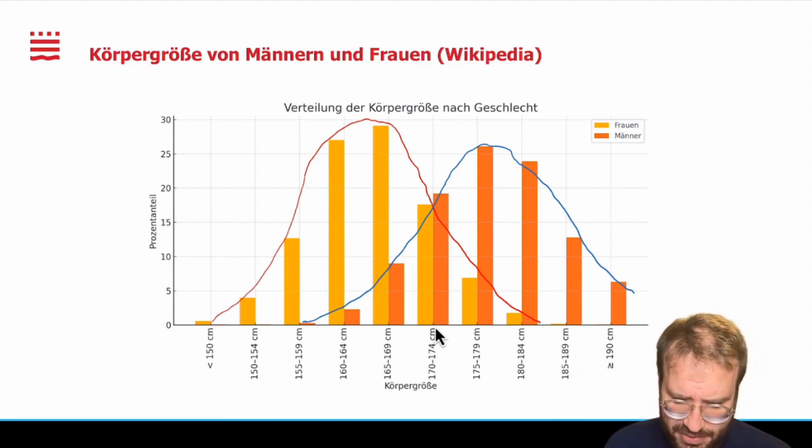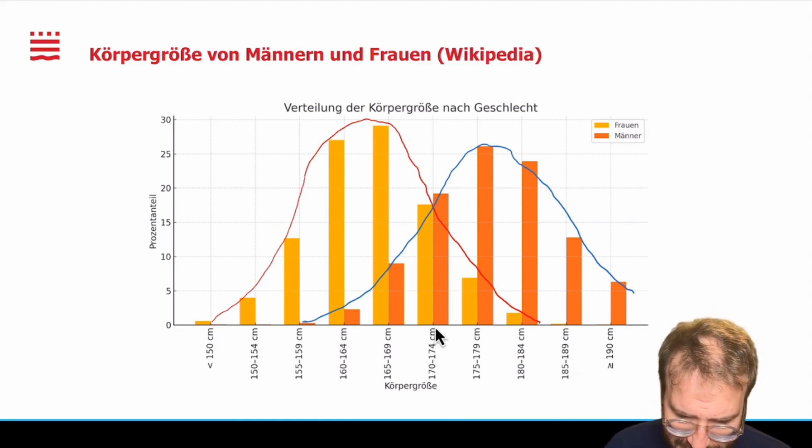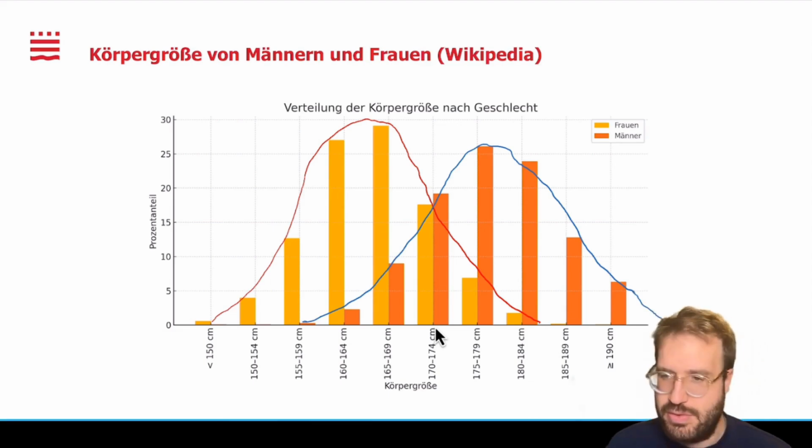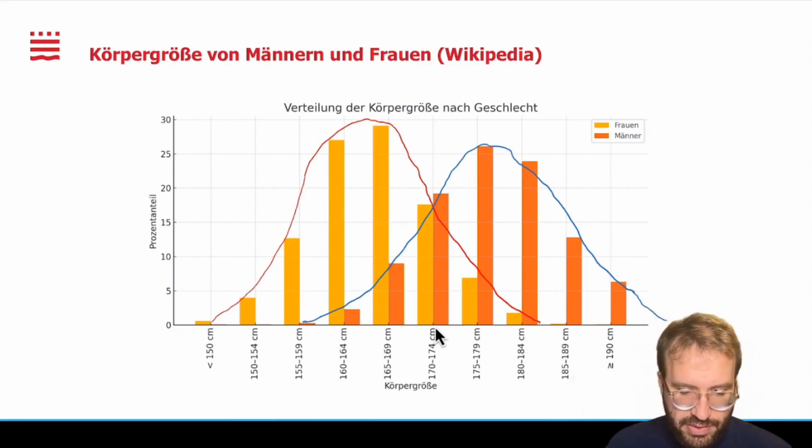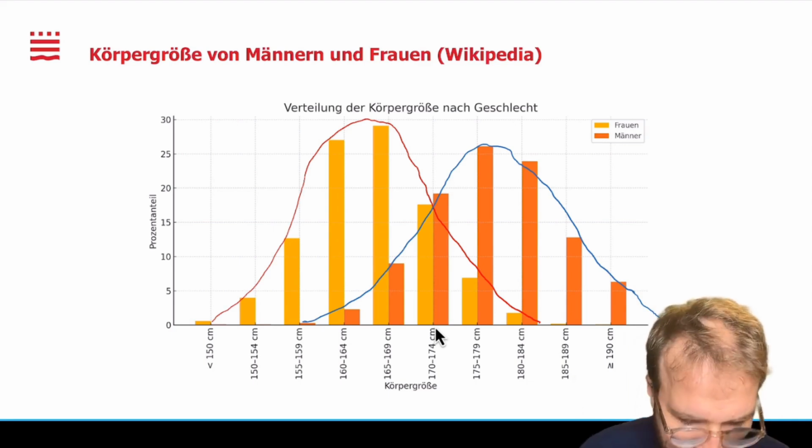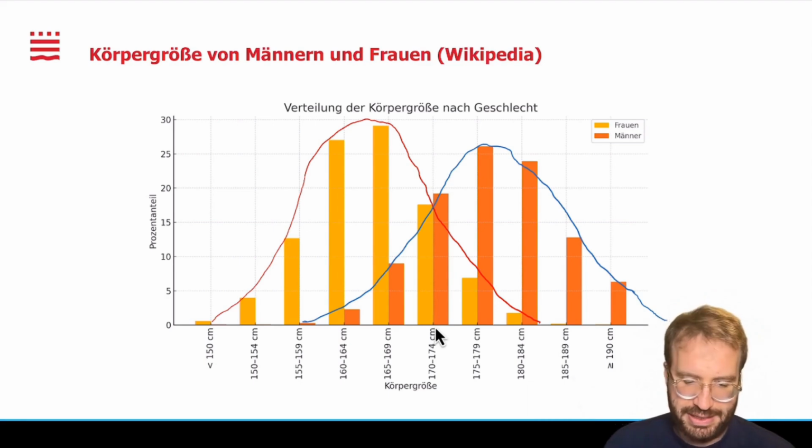We can't see that very clearly here, but the next value would be close to 0 percent. And if we divide it into men and women, then the whole thing is normally distributed. Exactly, we'll also look at why that's relatively plausible in the next video.